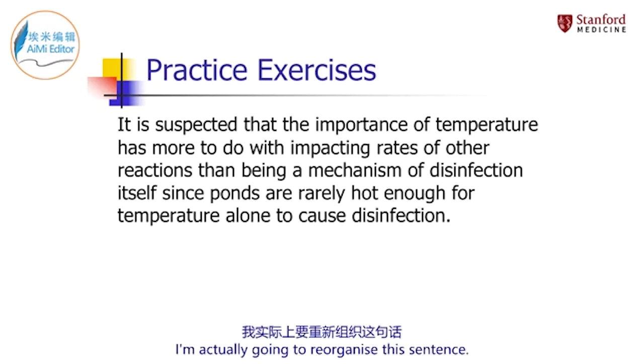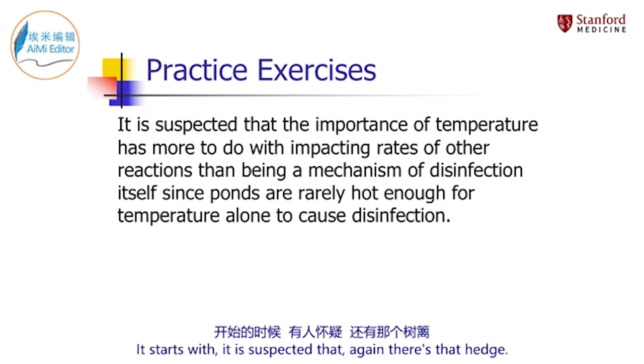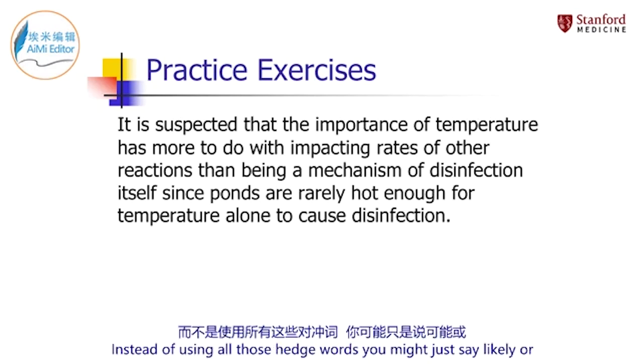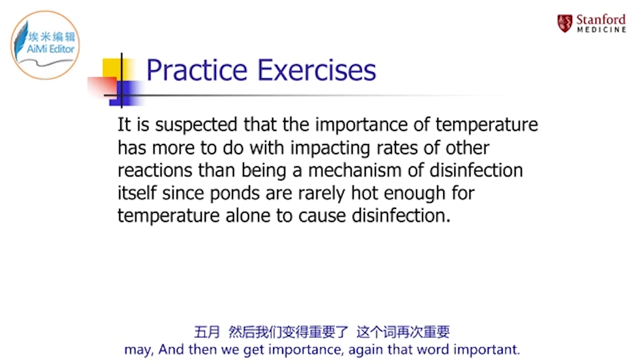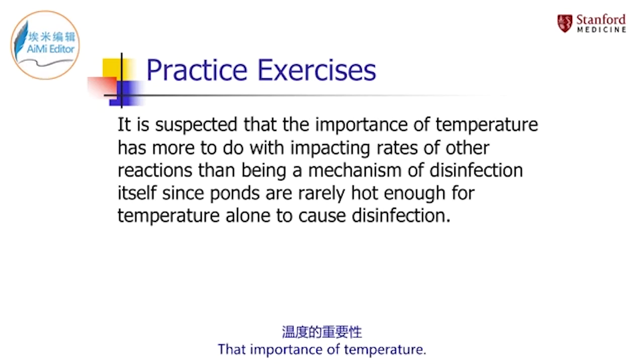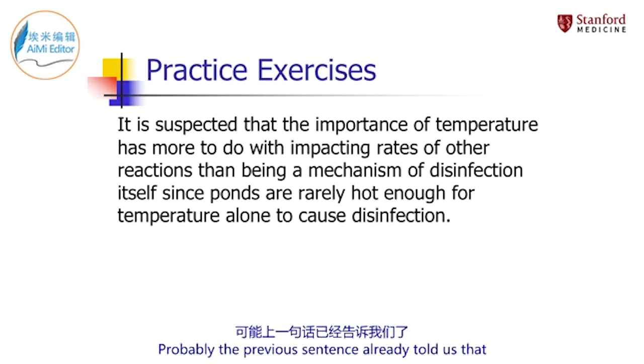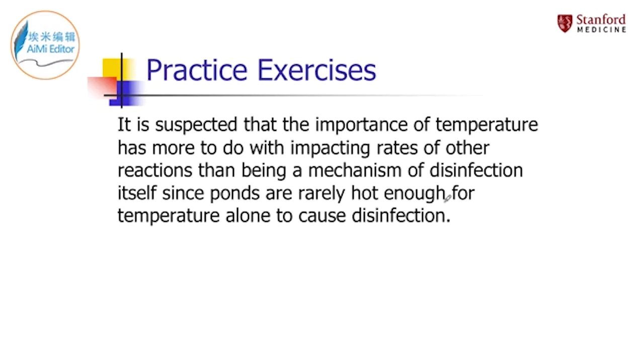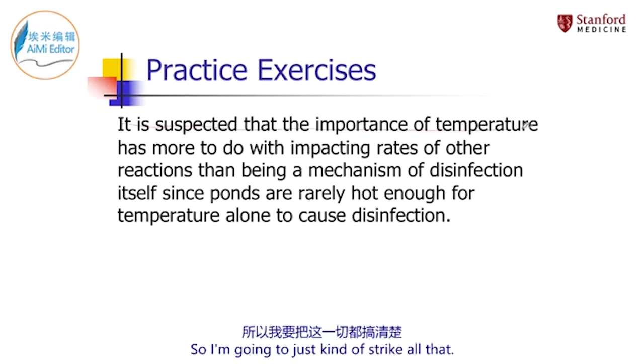I'm actually going to reorganize this sentence. It starts with, it is suspected that, again, there's that hedge. Instead of using all those hedge words, you might just say likely or may. And then we get importance. Again, that word important, that importance of temperature. Probably the previous sentence already told us that the temperature was important, so I'm going to just strike all that.